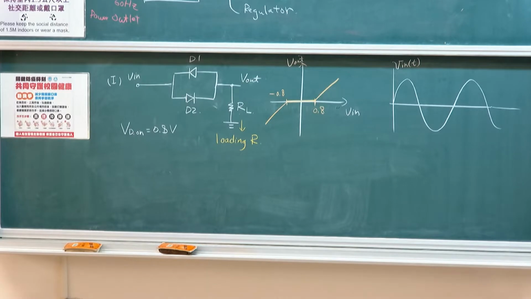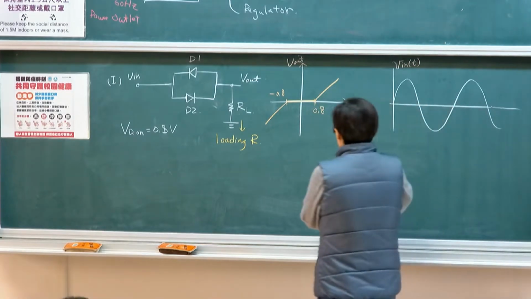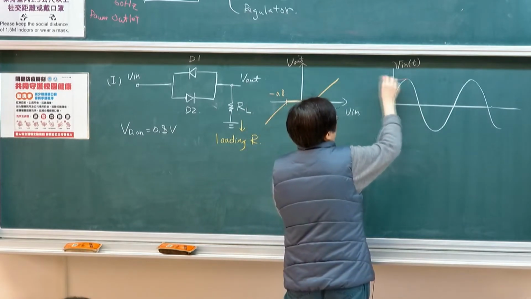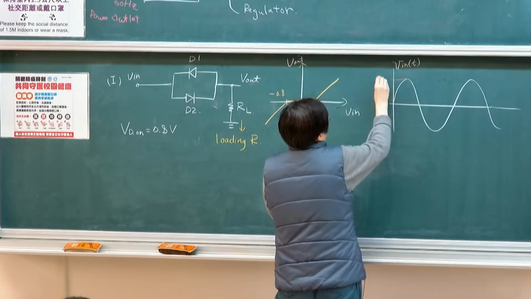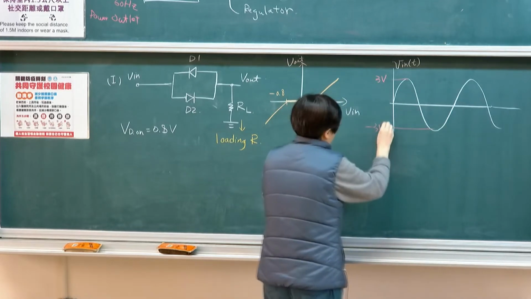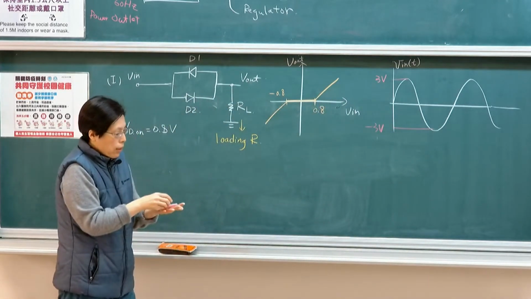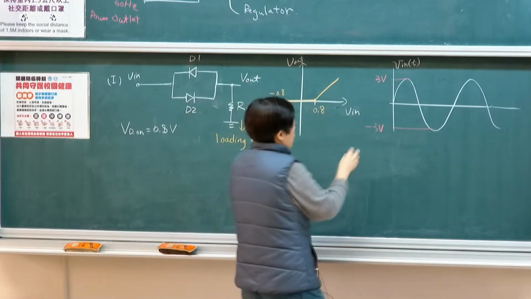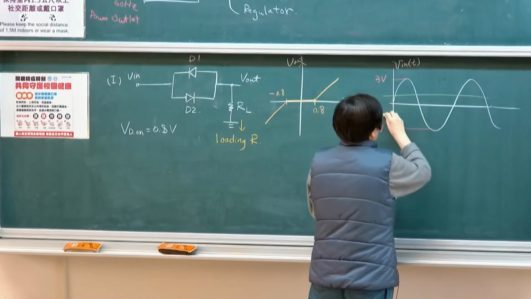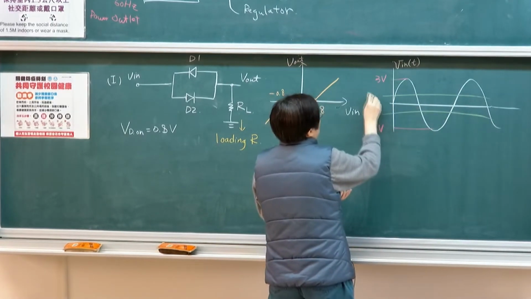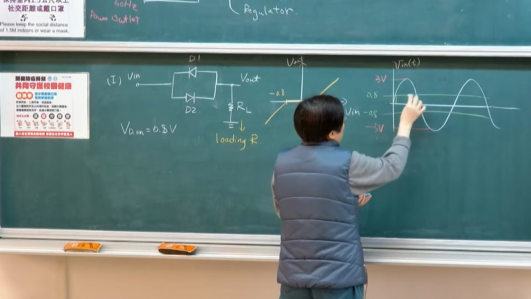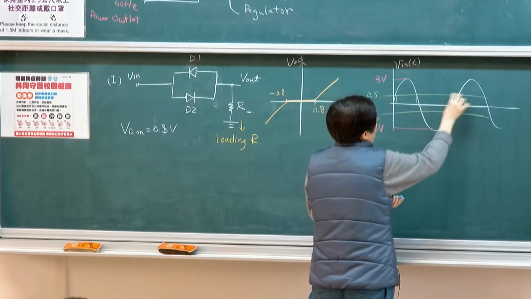So I'm plotting V out in response to the sine wave. Of course, I'm just giving arbitrary numbers. Let's say the peak level is 3 volt, minus 3. Let's say this is my boundary, which is 0.8, minus 0.8. So there's basically a dead zone within.